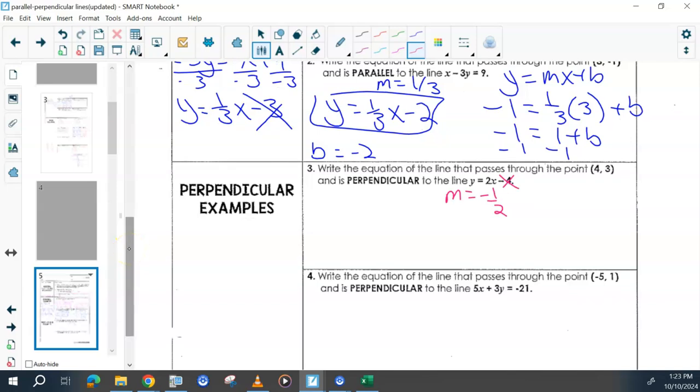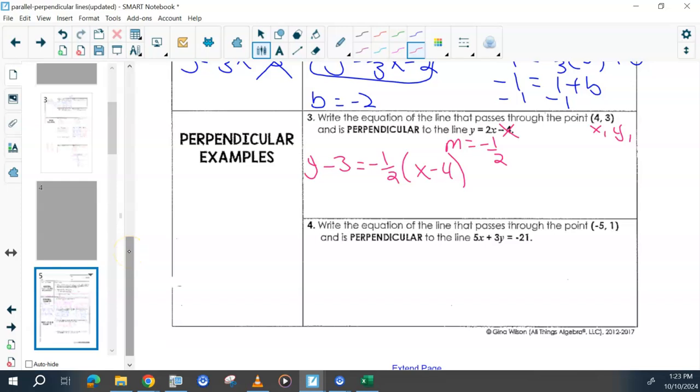Okay, we'll use point slope for this one. We have our m, we have our x1 and our y1. So this would be y minus 3 equals negative 1/2 times x minus 4. Distribute the negative 1/2.